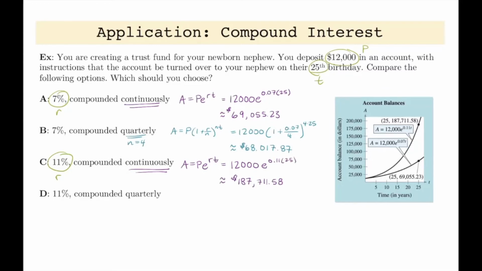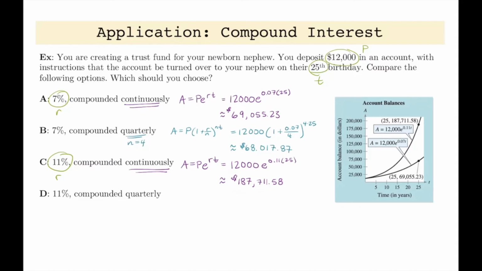All right, so in this case, we have a whopping $187,711.58 just from $12,000. Although an 11% interest rate is insanely high, if you took out on the opposite end a loan for $12,000 and you waited 25 years and just let it sit there, you would end up paying this amount if your interest was 11%, so this can go both ways.